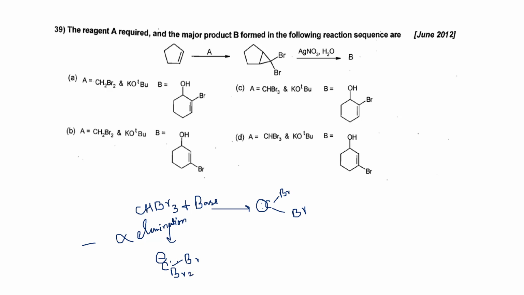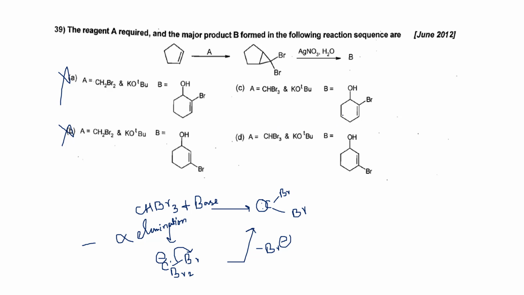So this bromine leaves the system with this negative charge and generates this carbene. Okay. So the correct option will be between C or D. So A and B are already cut.